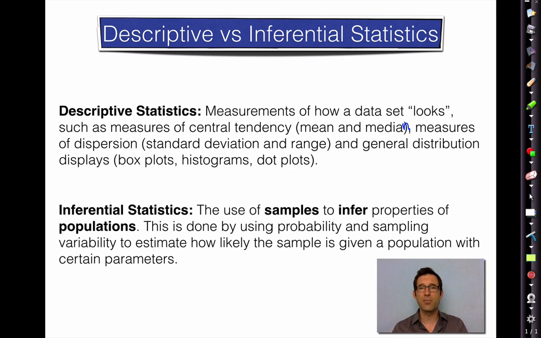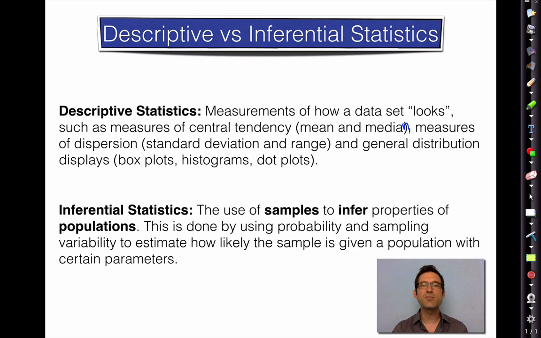I have to take a sample of people. So inferential statistics comes in by taking a sample, measuring that sample, and then trying to infer properties of the population from which that sample came by what the sample's characteristics are.